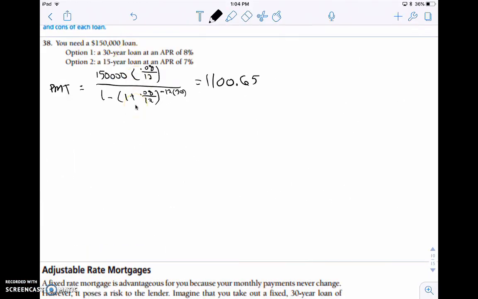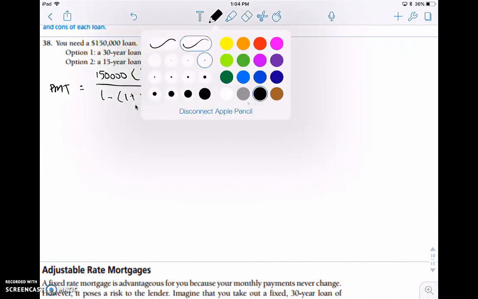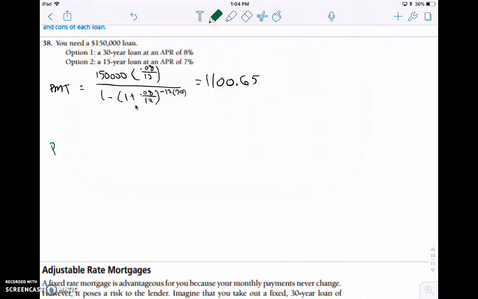So if I look at the payment of the 30-year loan, or excuse me, the 15-year loan, that's my bad. So take $150,000, with a lower interest rate, again, because they're usually lower because they are less risk, because there's less time involved.